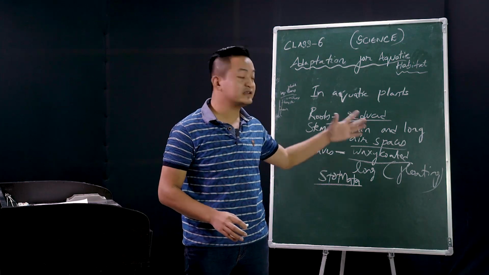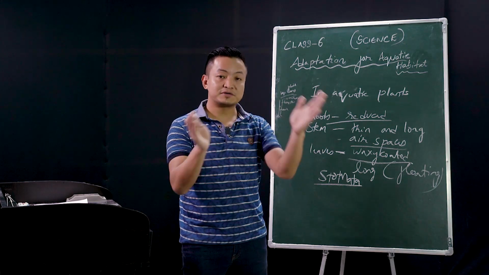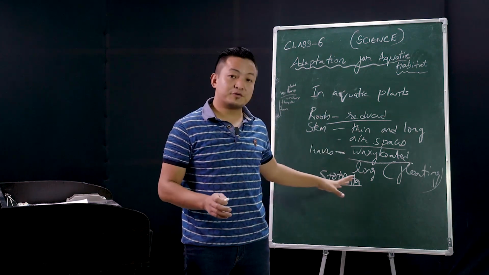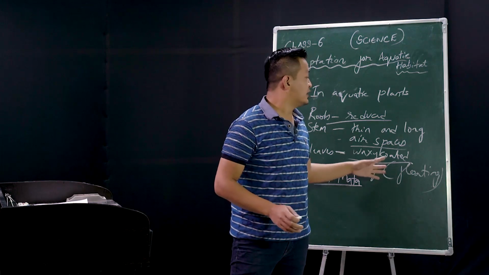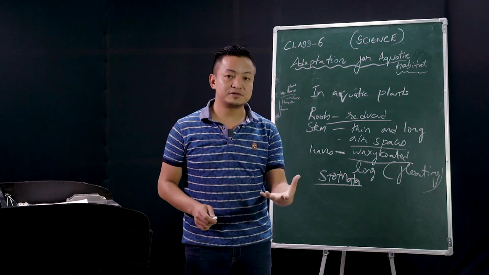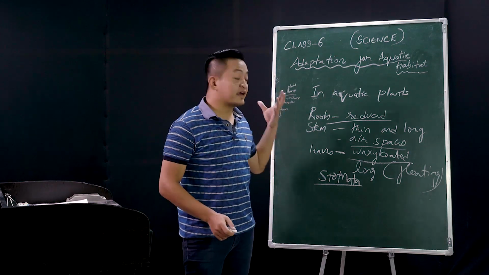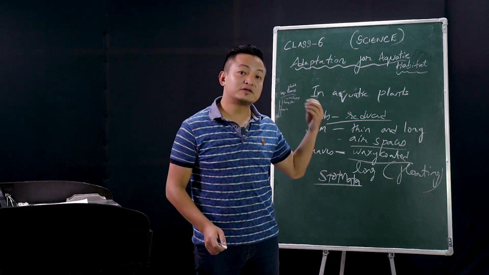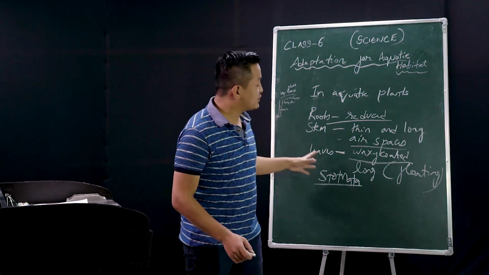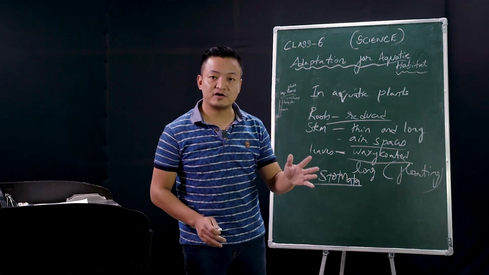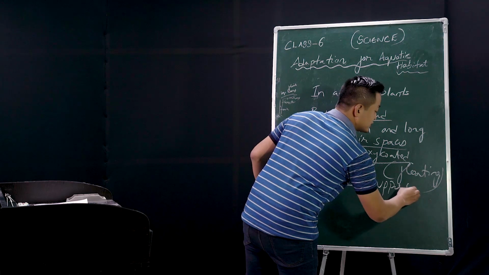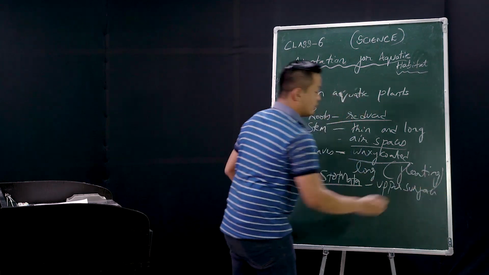The stomata are on the upper surface, and this is very important because, yes, they are aquatic plants, but for survival they also need nourishment. So the air, the carbon dioxide, will enter through this stomatal opening. So the stomata are on the upper surface of the leaf.